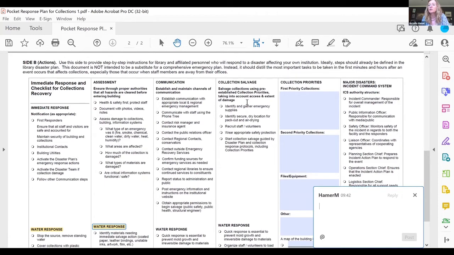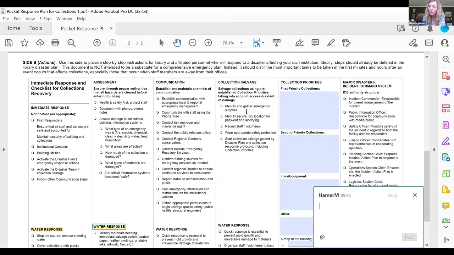And then your collection salvage. So what do you do? You've got to get your emergency supplies. Then you've got to identify secure dry locations. So if you need to move specimens or collections, where are you going to put them?